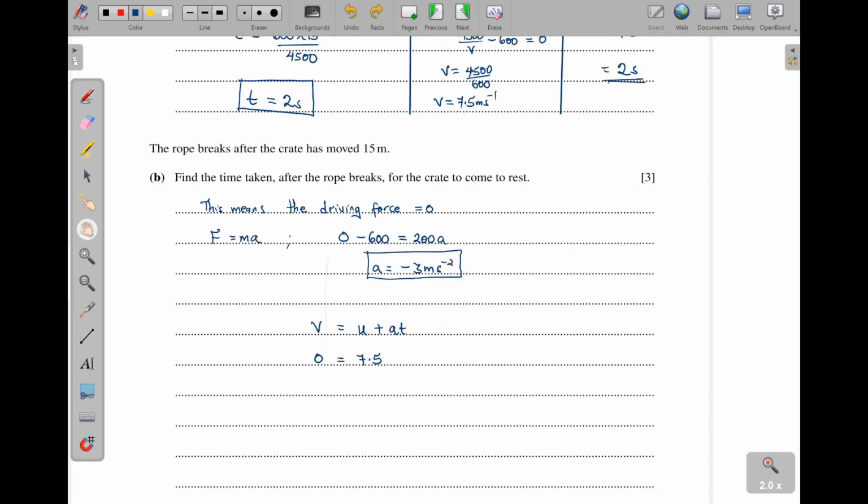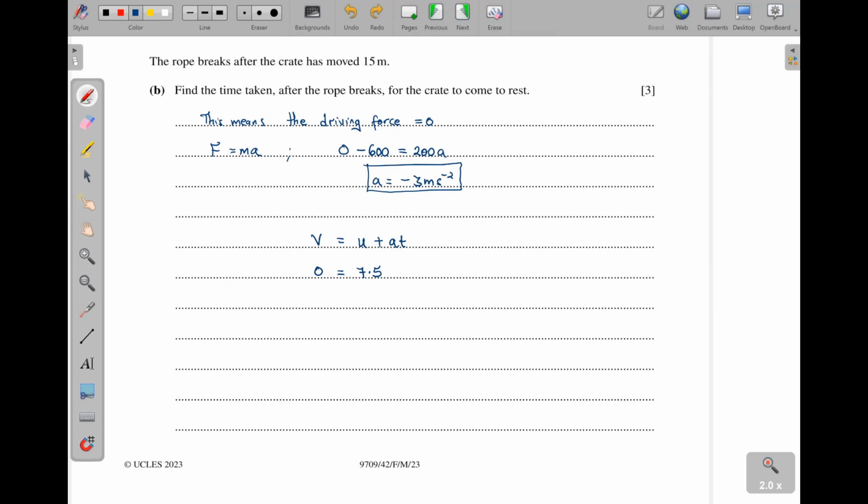So I just slide it down here: 0 equals 7.5 plus acceleration, -3, times T. If I bring this one this side, it becomes positive, so 3T is equal to 7.5. Then when you divide all through by 3, T becomes 2.5 seconds. That is that.